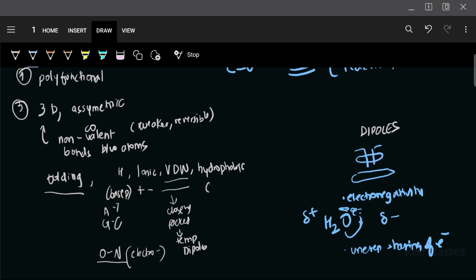That's going into the physics, the distortion of the electron cloud happens. It's basically uneven distribution, and that's what you need to remember. And even electrons are always moving, so at some instant they're not evenly distributed. So the importance here is that we talked about the shape, right? They're holding the secondary tertiary structures by these dipole-dipole interactions. And the hydrogen bond that we mentioned is itself actually a dipole-dipole interaction.